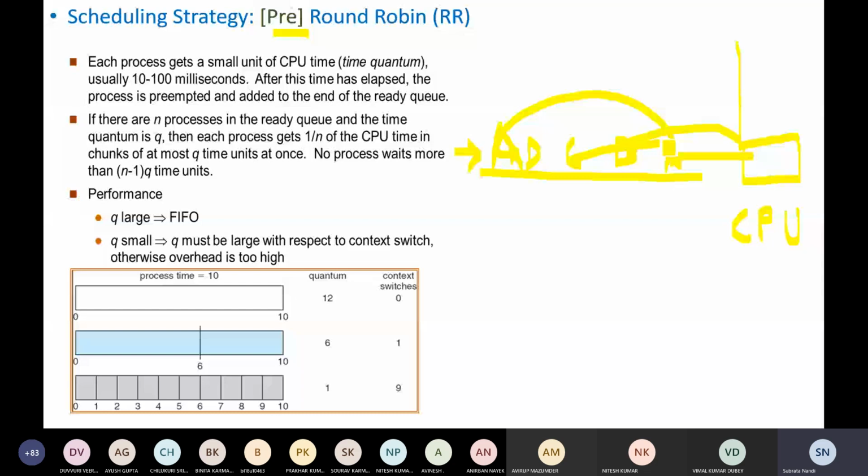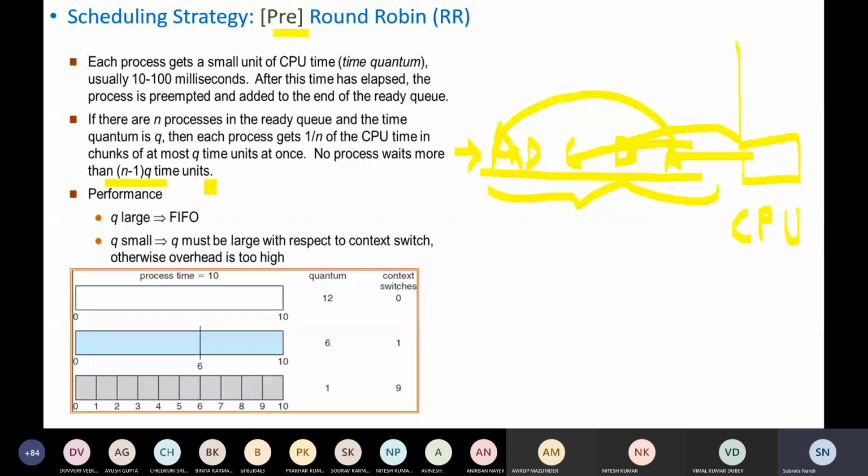So this is a pretty simple strategy, and you can see that if there are n number of processes waiting here in this case, and if the time quantum is q, then any process will have to wait, no matter what type of process it is, n minus 1 times q, because assuming that it has got the CPU just in the last step, its turn will come after exactly n minus 1 into q time units.